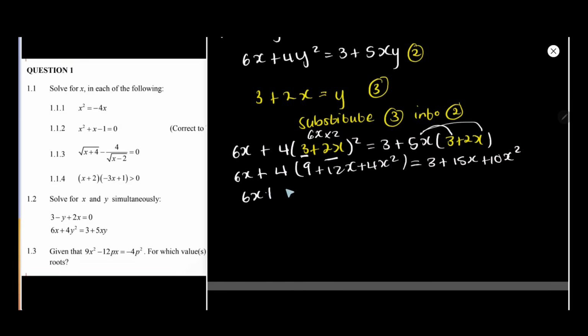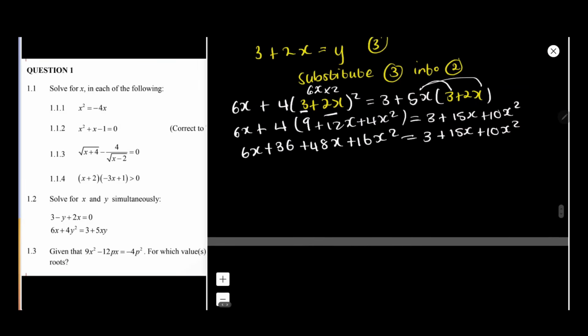So 6x, and then we have a 4 times 9, that's like 18 plus 18, 36, so plus 36, and then we have a 4 times 12, which is like 24 plus 24, 48, so plus 48x, and then a 4 times 4, which is positive 16x squared, and then is equal to 3 plus, and then we just have a 15x plus 10x squared.